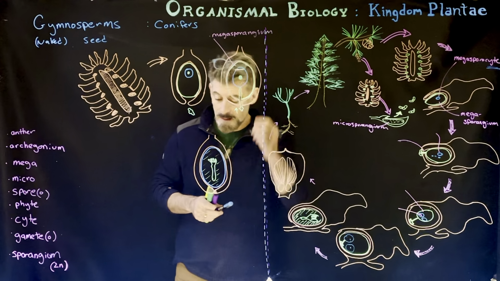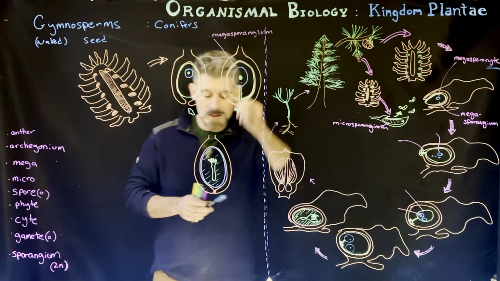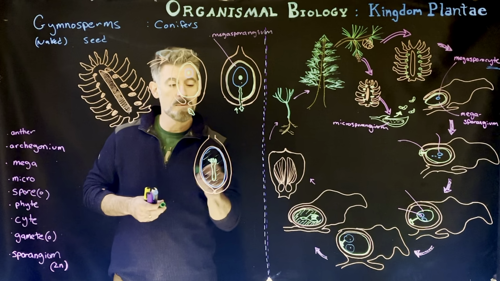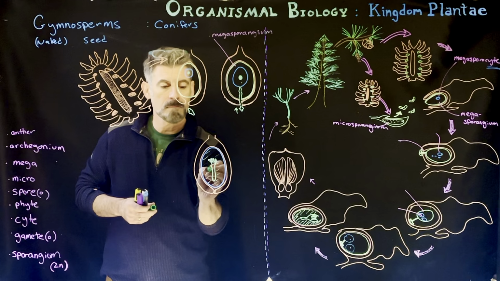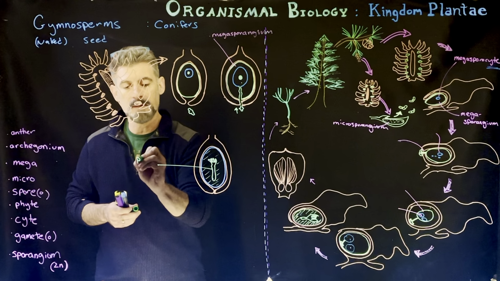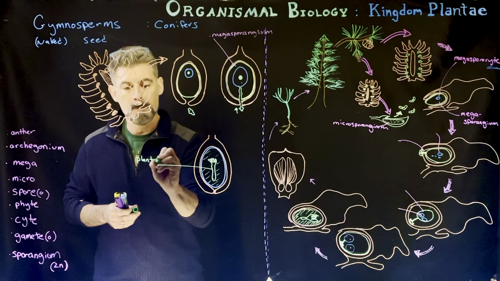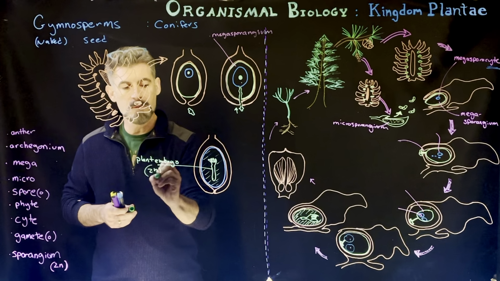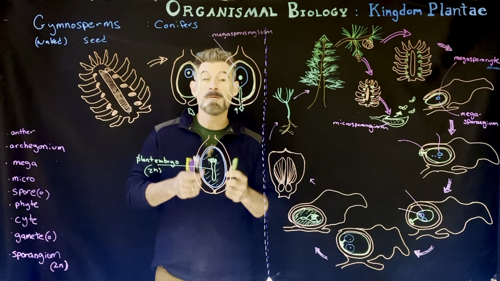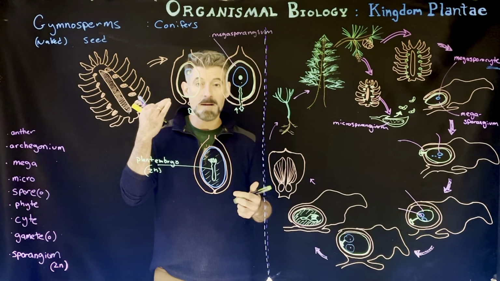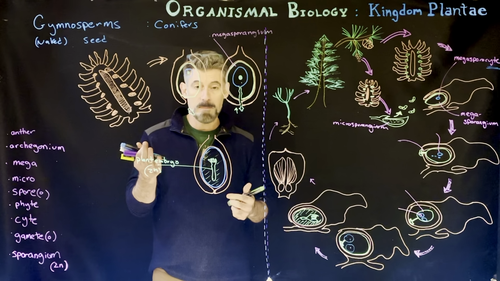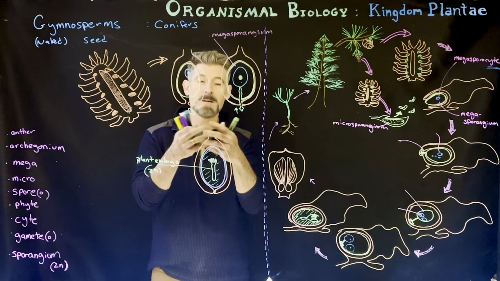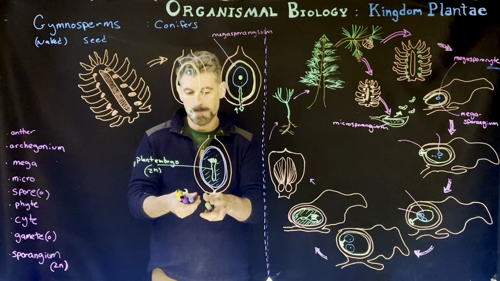So what is the seed, really, or what do we have inside the seed? Well, this is representing a gymnosperm seed here. One, we have the plant embryo. So a multicellular 2N embryo that's developed from fertilization of a male haploid nucleus and a female haploid nucleus fused together to form a zygote and then develops into the embryo.